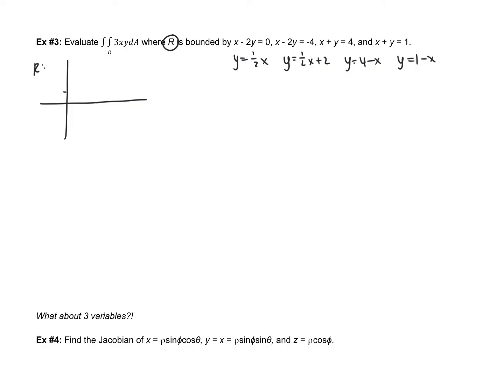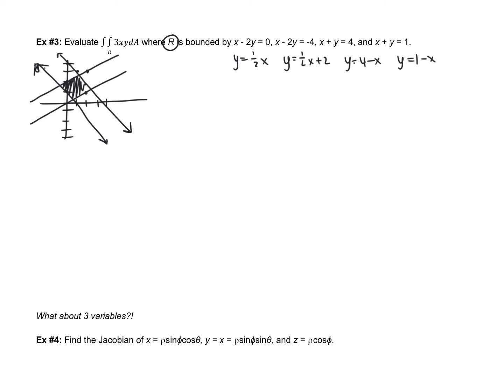Okay, so if I go to sketch these then, there is my y equals 1/2 x, 1/2 x plus 2, it's there, 4 minus x, it's just a rough sketch, remember, don't judge it too much, and then 1 subtract x. Okay, so our region R is this region right here.